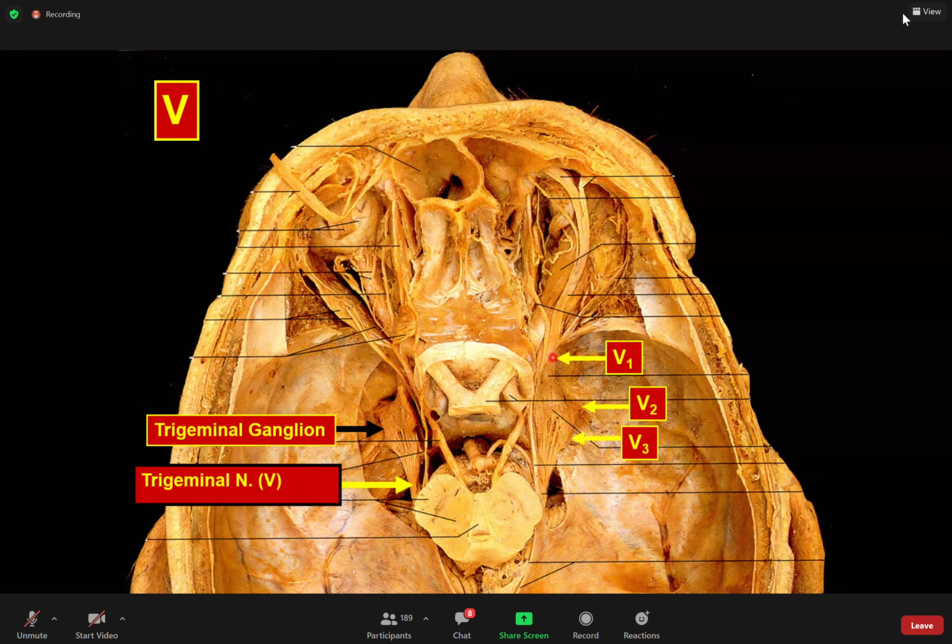So these are the three divisions of the trigeminal, and you can see they are all originating from the Gasserian ganglion, and then they are going to go to the pons, where they arise from a smaller motor rootlet and a bigger sensory rootlet.